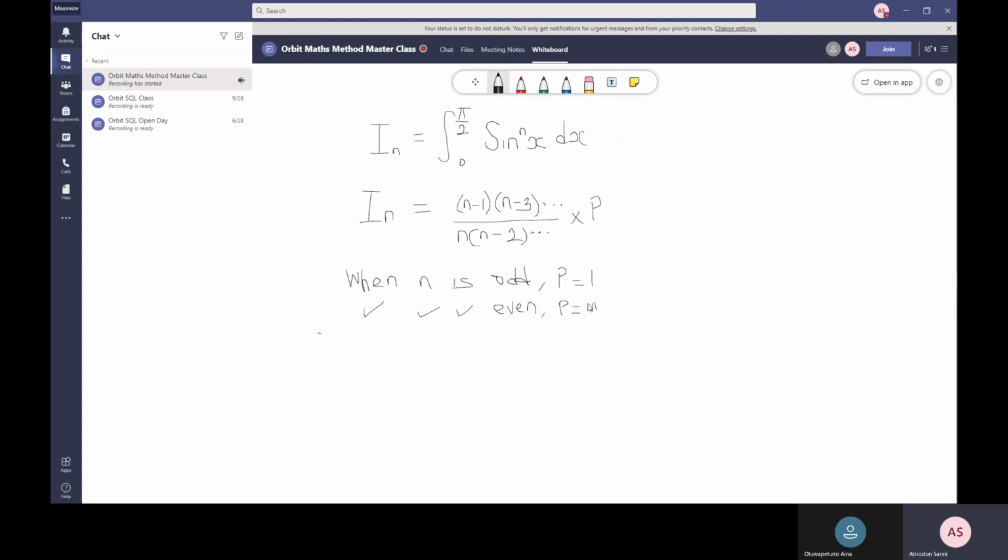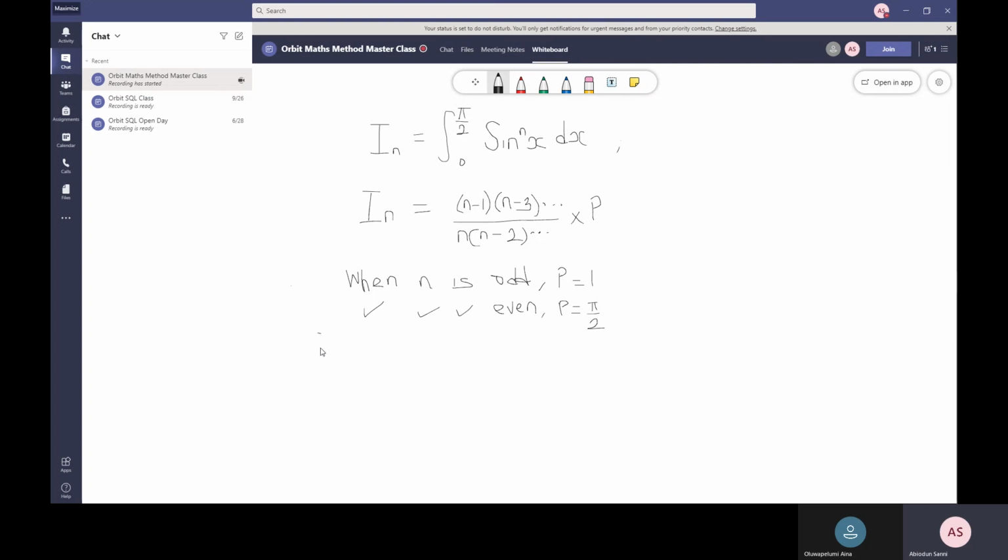This is the same when you have cos instead of sine. So this logic is the same thing, and it's still the same result.